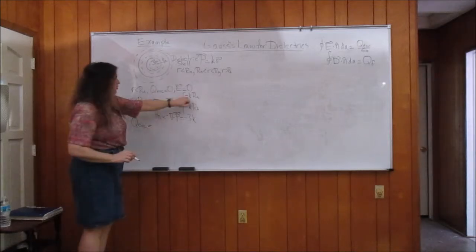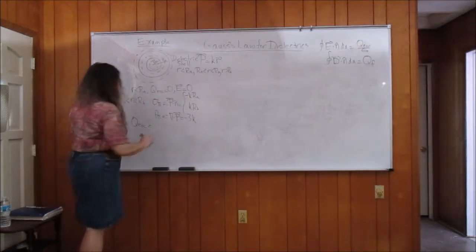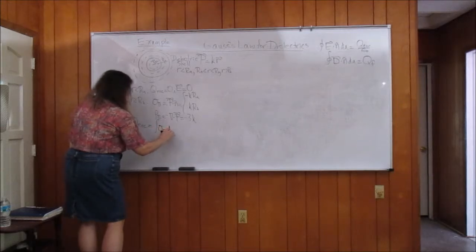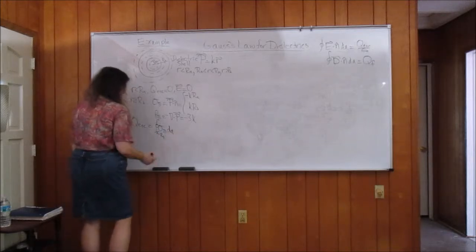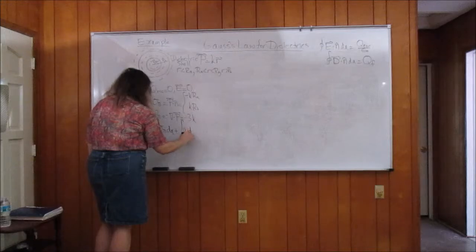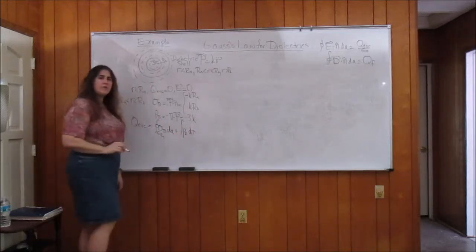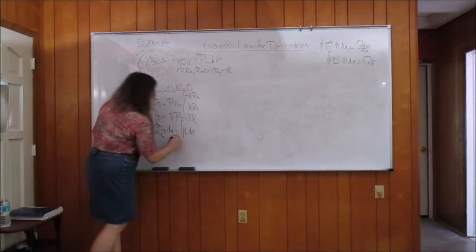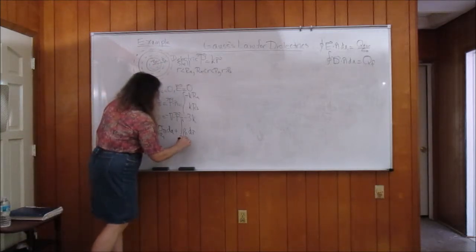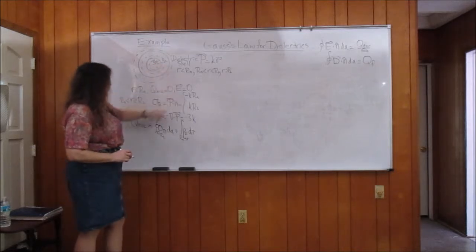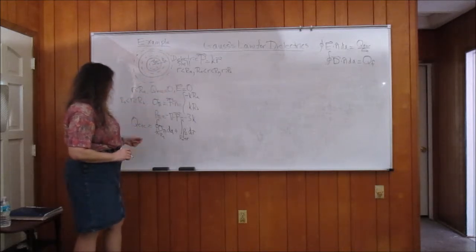So I'm only going to have a contribution from the inside. And as far as my volume goes, I'm going to start at R_A, and I'm going to integrate up to some radius r, where r is somewhere in between R_A and R_B.